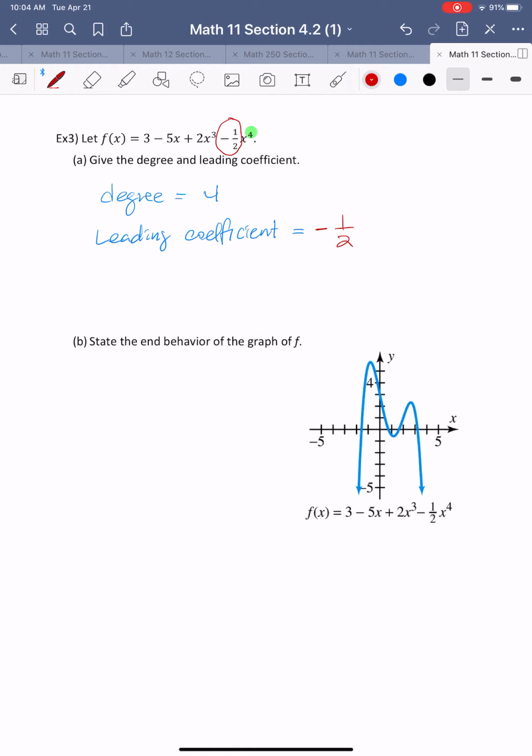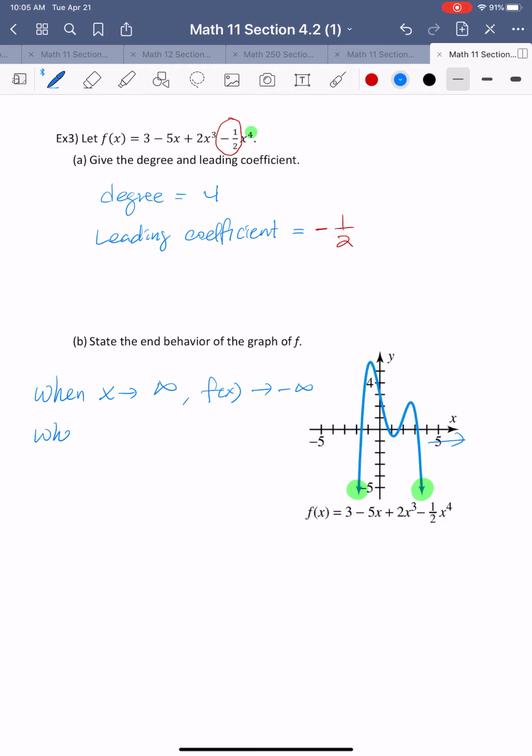End behavior means you just look at the arrows. So what happened? It goes down, right? How do you say that? When x goes to infinity, I'm talking about this, then f of x goes to negative infinity.